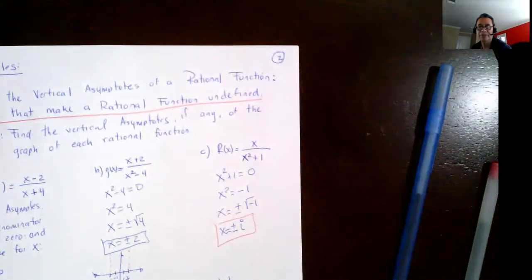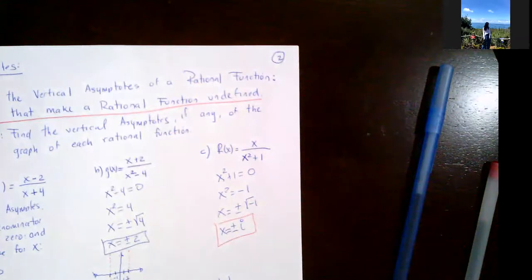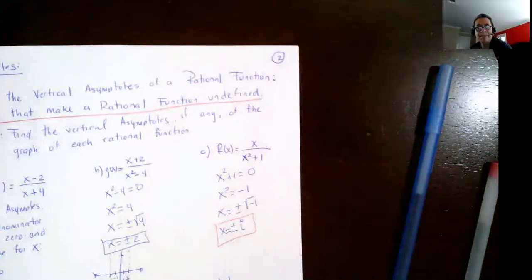Is that clear? Okay, so here we don't have a vertical asymptote, but if we graph this function, it is above the x-axis.